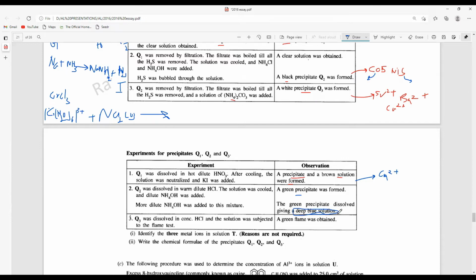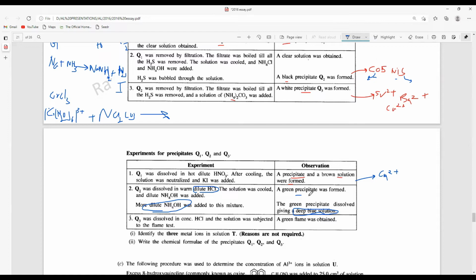So now we could imagine what is actually happening, because when you add more dilute NH4OH, with the HCl as well, and add more and more, which of these precipitates gets dissolved? Is it cobalt or nickel? That is what you have to find from this.